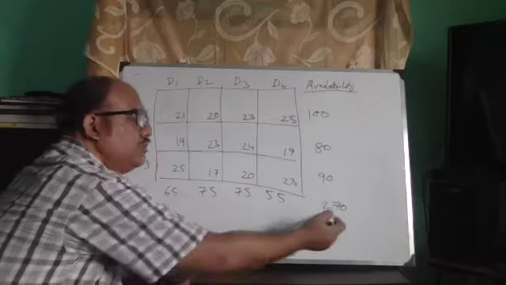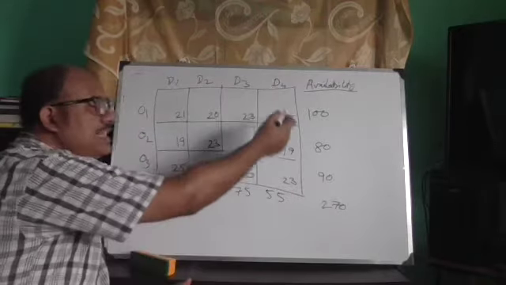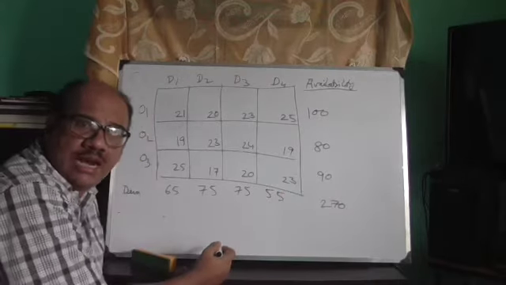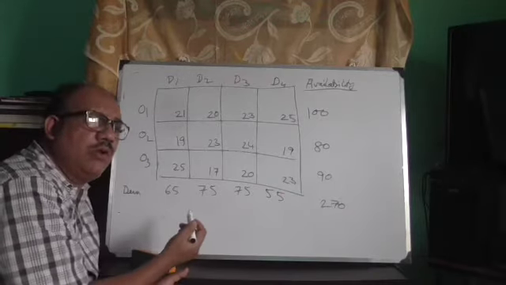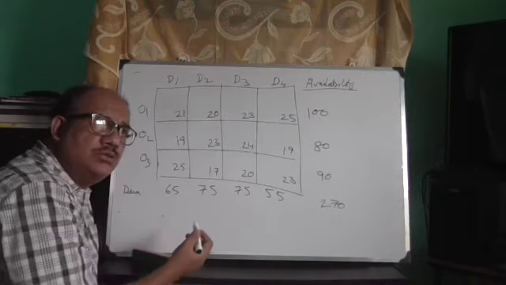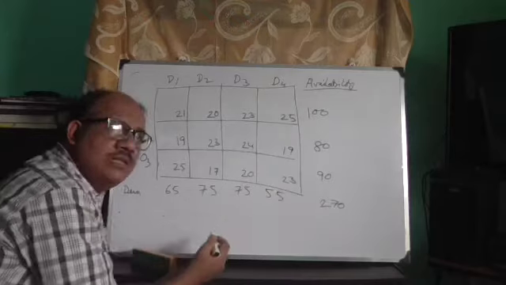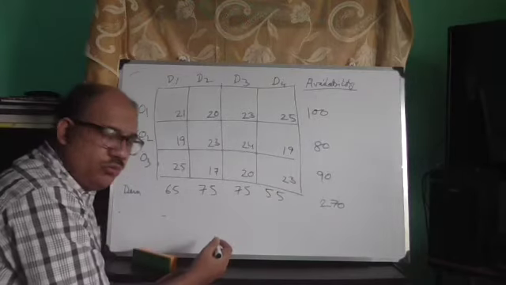Yes, so total demand is also 270. That means this particular problem is balanced. So if the problem is balanced, we will go to step 2.